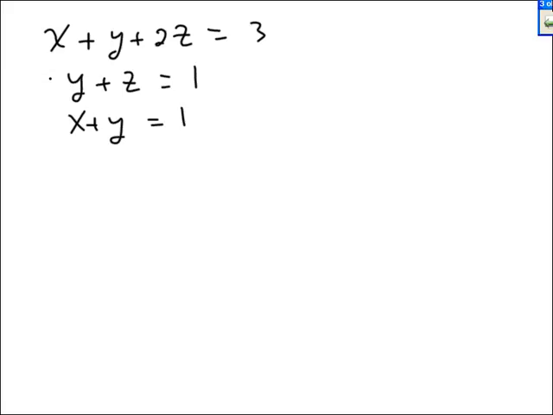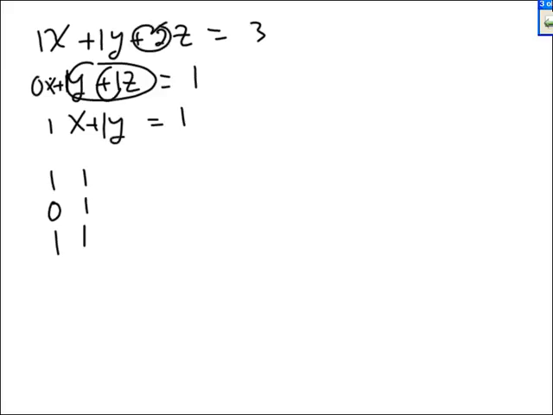The coefficients of x are 1, 0, 1. This has 0 x's. You shouldn't be afraid of adding 0. And the next row has 1x. The y's are positive 1, positive 1, positive 1. That is 1, 1, 1. The z's are positive 2, positive 1, and 0 z's. That is 2, 1, 0.